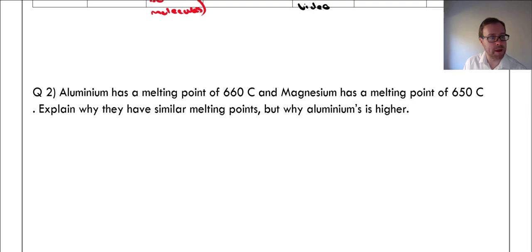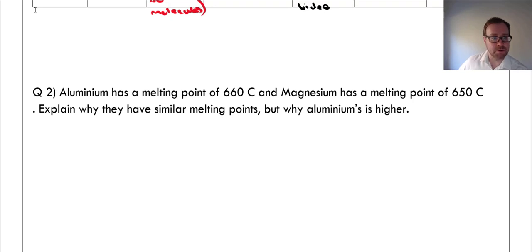We'll write it down. So aluminium has a high melting point of 660 degrees Celsius, and magnesium has a melting point of 650 degrees Celsius. So they're both high. Explain why they have similar melting points, but why aluminium's is higher.